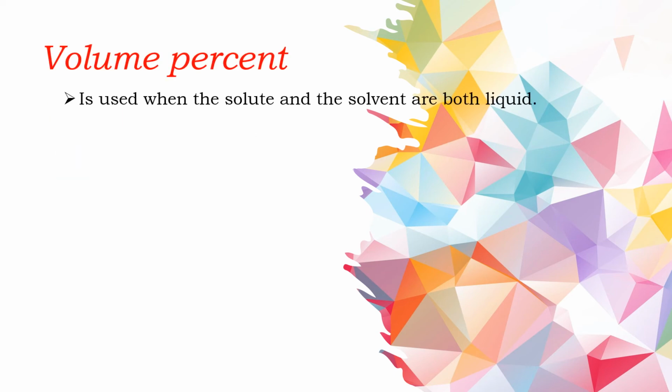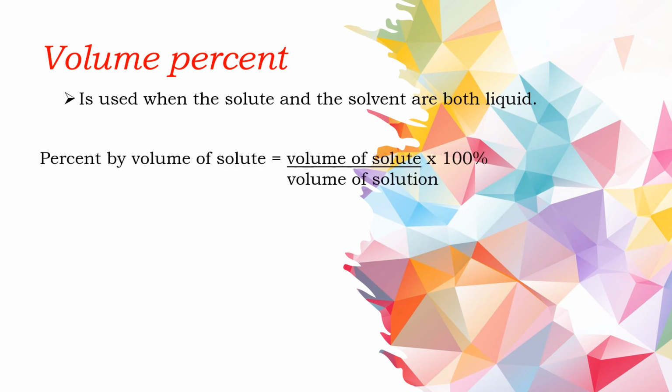So when we say volume percent, it is used when the solute and the solvent are both liquid. So ito po yung formula o yung equation na gagamitin natin. So percent by volume of solute is equal to the volume of solute divided by the volume of solution times 100%. So halos same lang po doon sa ginawa natin kanina.